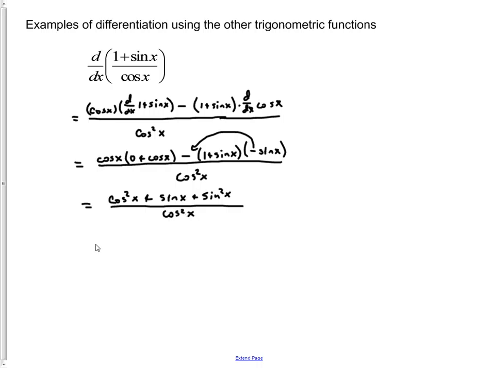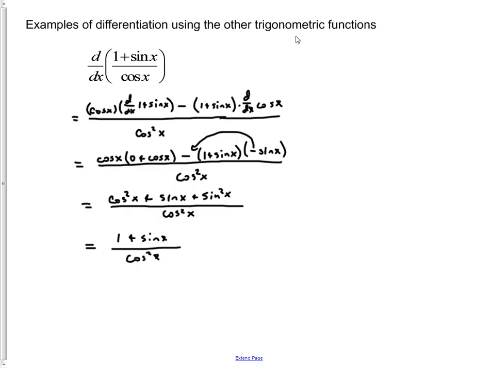Isn't that interesting? Look at what's going to happen. We're going to get 1 plus sine of x divided by the square of cosine x. Interesting. Well, that's our derivative right here.